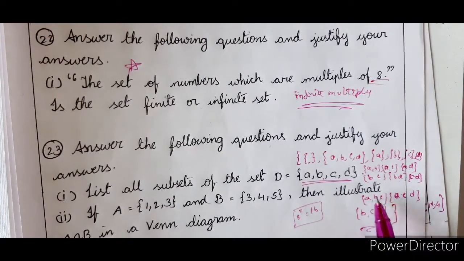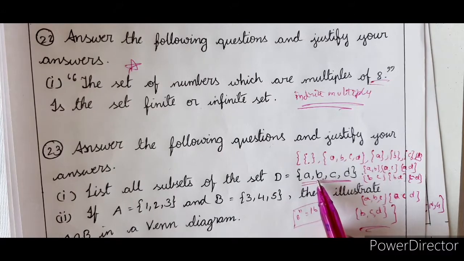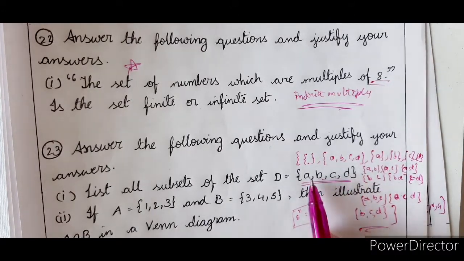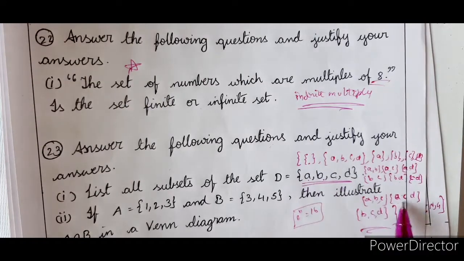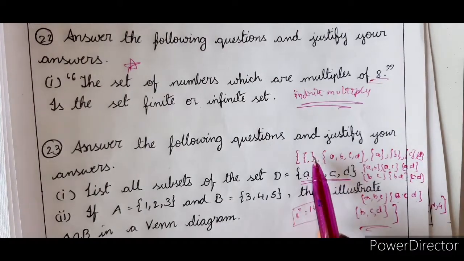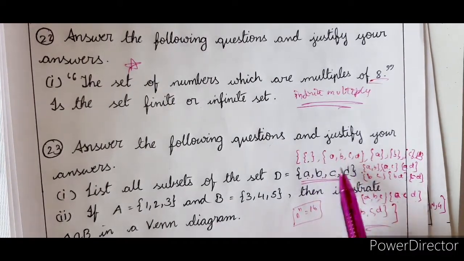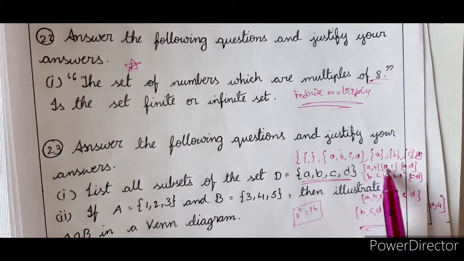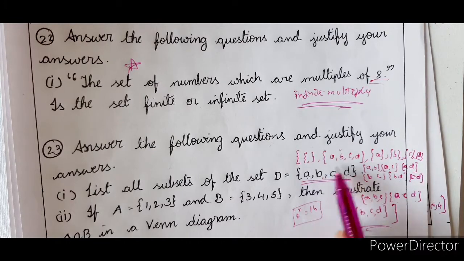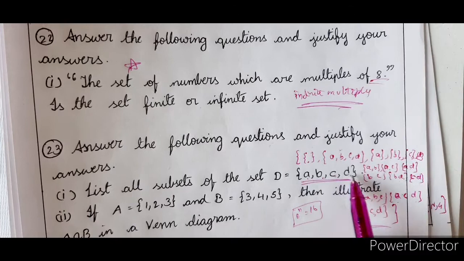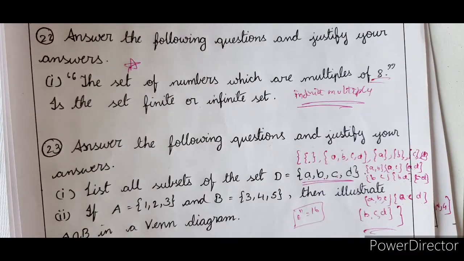So A, B, C, B, C, D, C, D, A, all combinations are there. The empty set is mentioned, the set itself is mentioned, 1, 2, 3, 4 are mentioned, A, B, A, C, A, D, next B, C, B, D, then finally C, D. So we got everything.